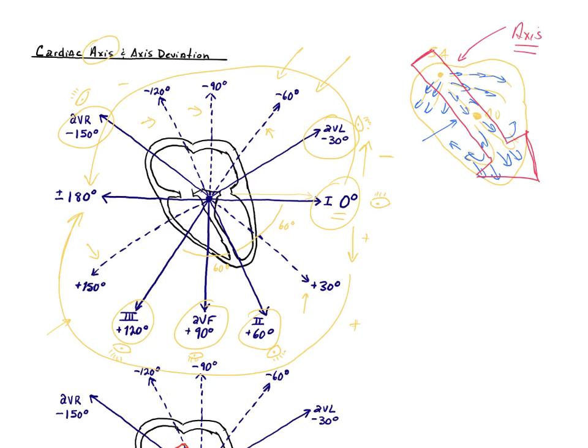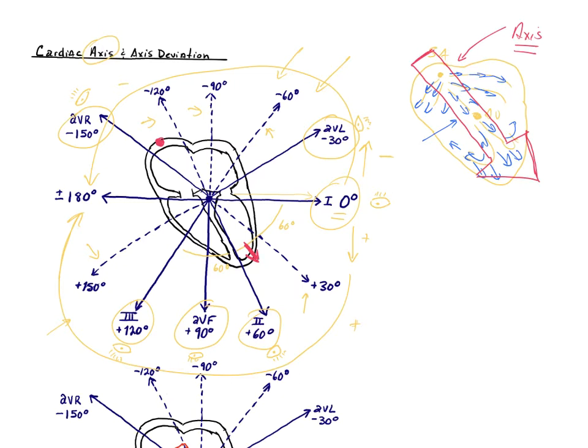So if you had to imagine, let's draw that arrow in for what a normal axis would be like. What did we say? The electrical activity is going to start up here. And where is it going to end, more or less? It's going to end down here, more or less. Would you guys agree?